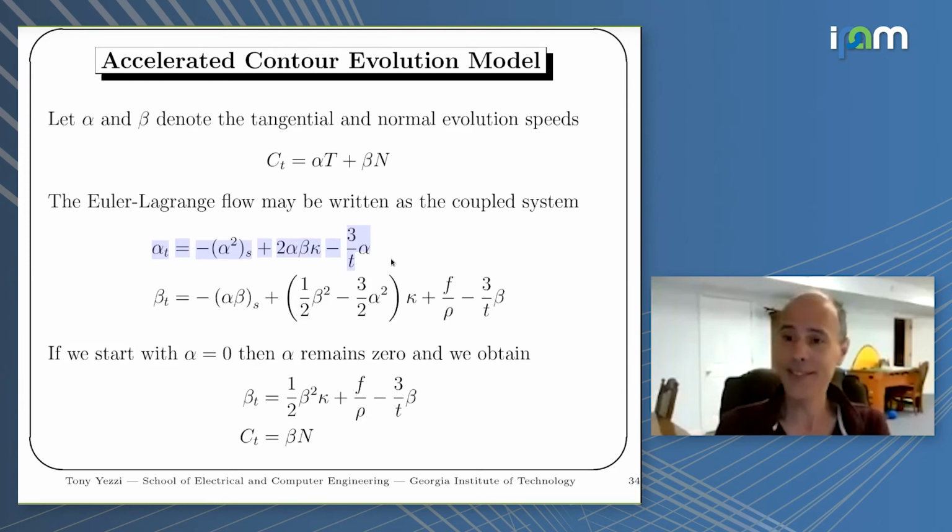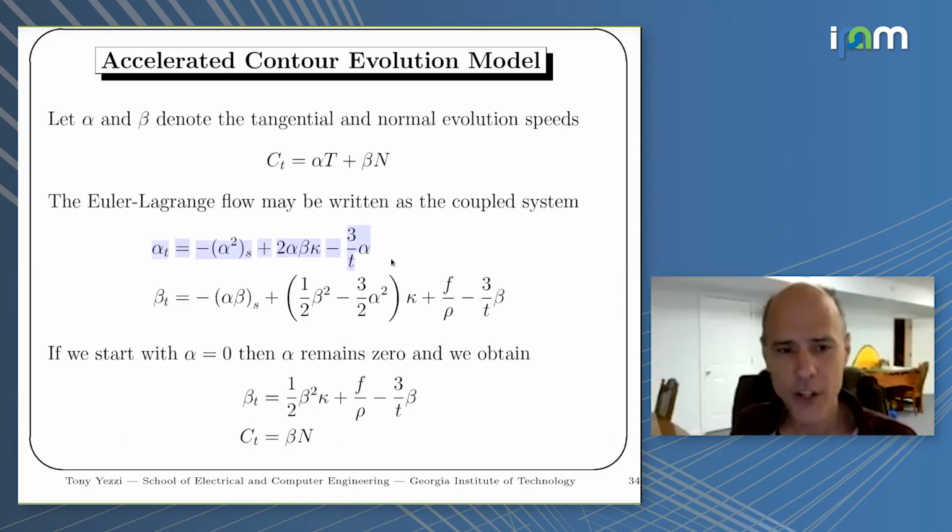If you don't start off with 0 tangential speed, then you have to model this. So the beautiful thing is that I can essentially ignore the tangential component of the evolution, as long as I start off with 0. It's described in more detail in the paper.